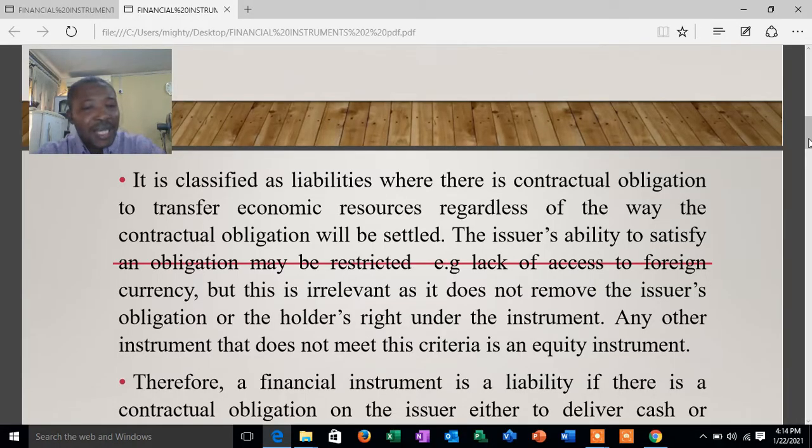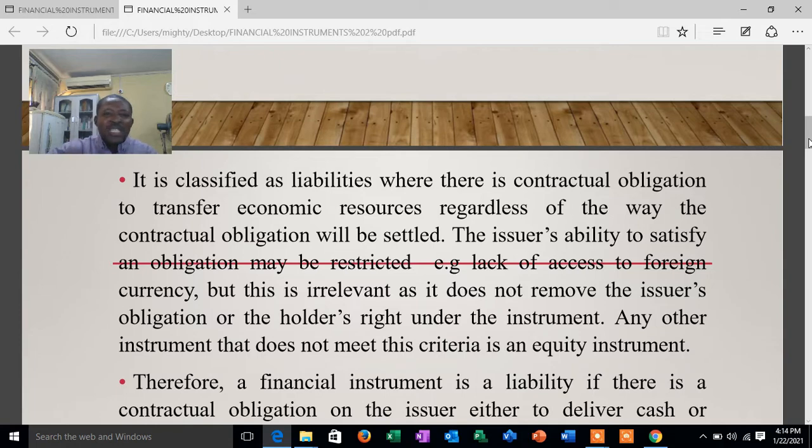It is classified as a liability when there is a contractual obligation to transfer economic resources. Listen very well. When you have an obligation to transfer resources, the resources could be cash, or equity of another entity.